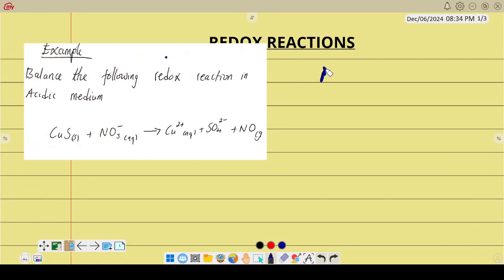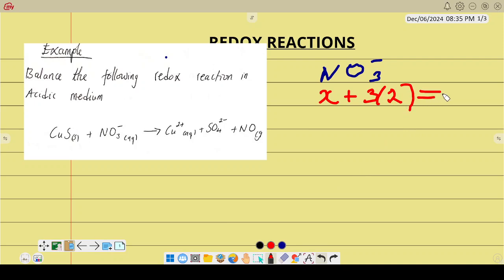So what's the oxidation number in this nitrate ion? We're going to say the oxidation number for nitrogen is x, we don't know, plus we have a 3 here, so 3 times the oxidation number of oxygen, which is 2.